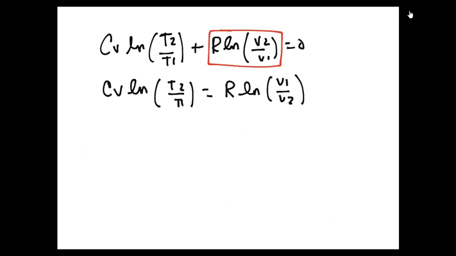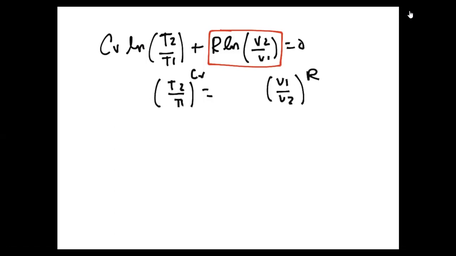First, we can put this as a power, and then we get rid of the natural logarithm. Since the natural logarithm of something has to be equal to the same thing, we can get rid of the natural logarithm, or we just plug in an e, and then we have this expression.